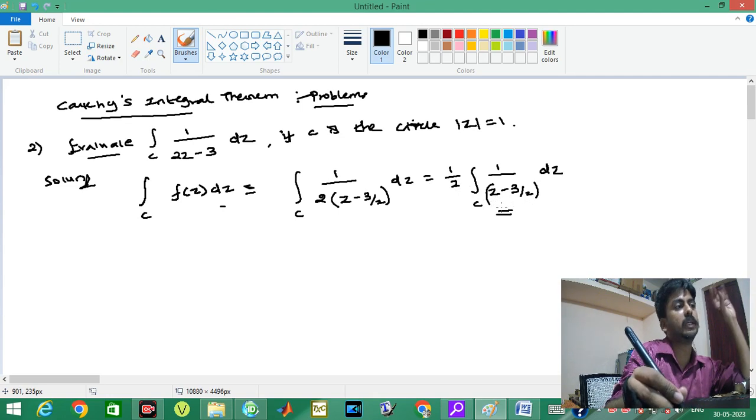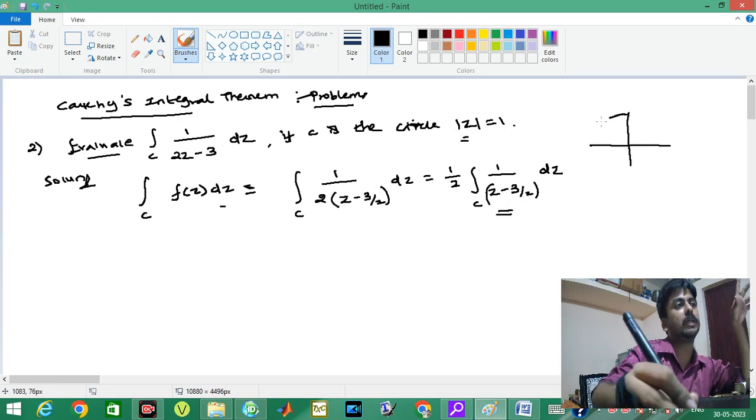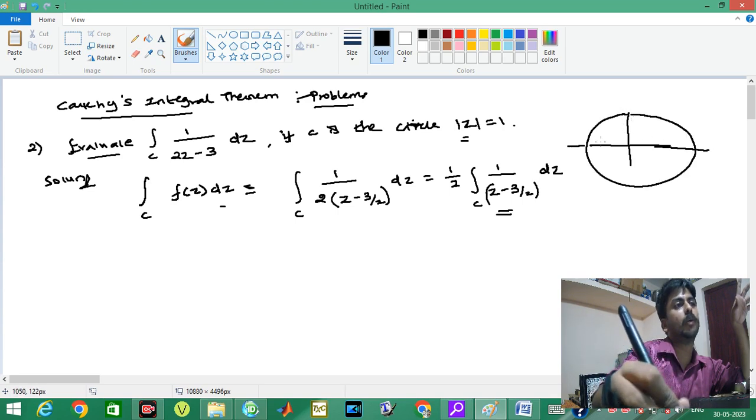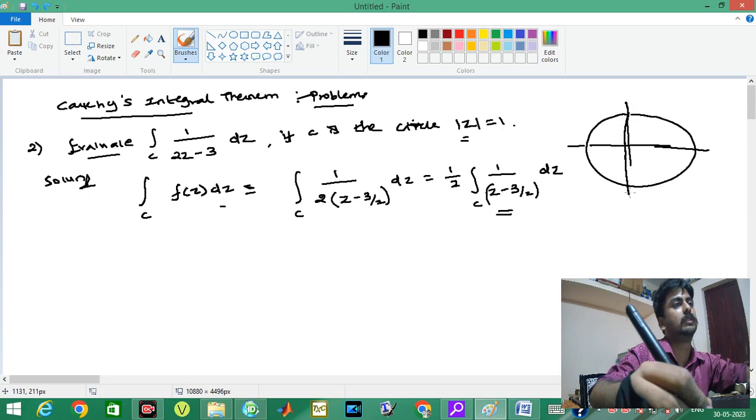Now modulus of z equal to 1 means the radius is 1. We can simply draw the circle. It is a circle, not an oval, but it looks like an oval. It is actually a circle, not an ellipse.